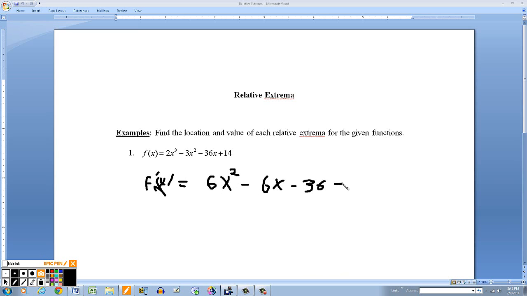So one way to do it is to factor it. So I'm going to factor out a 6 here. And that's going to leave me in the parentheses then with x squared minus x minus 6.